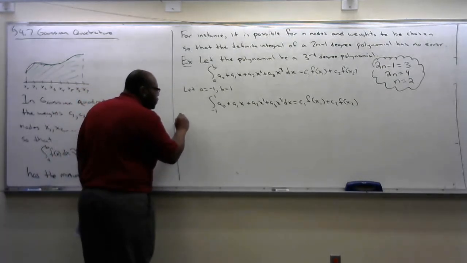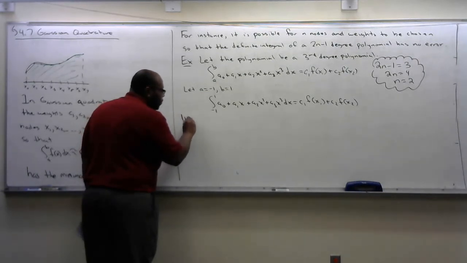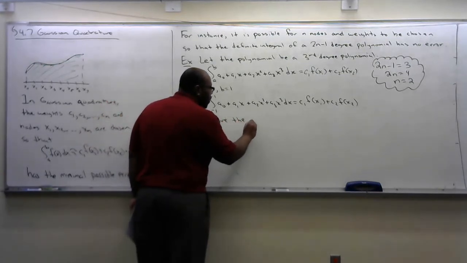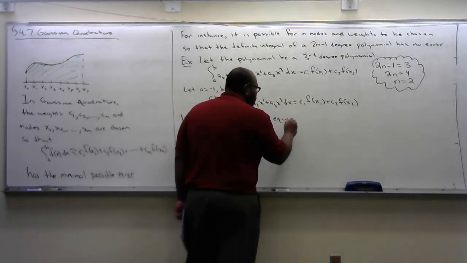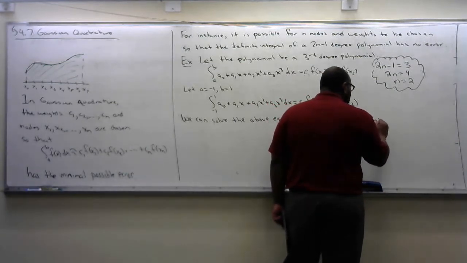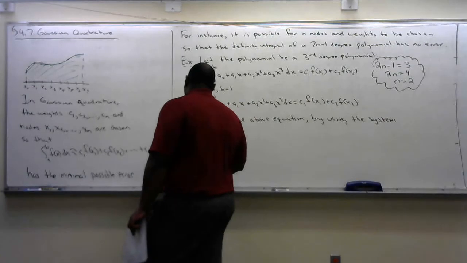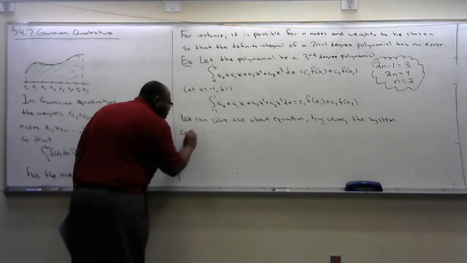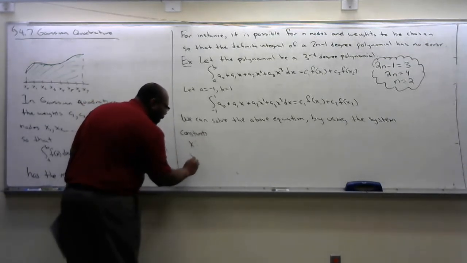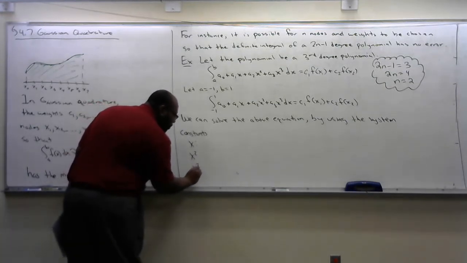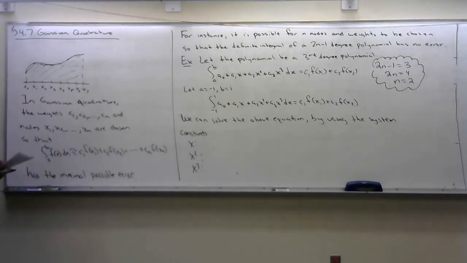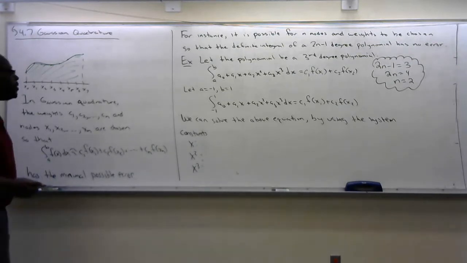So what we can do is solve the above equation by using the system, where I'm going to look at my constants, my x terms, my x squared terms, and my x cubed terms. Now my constant basis is essentially just 1.